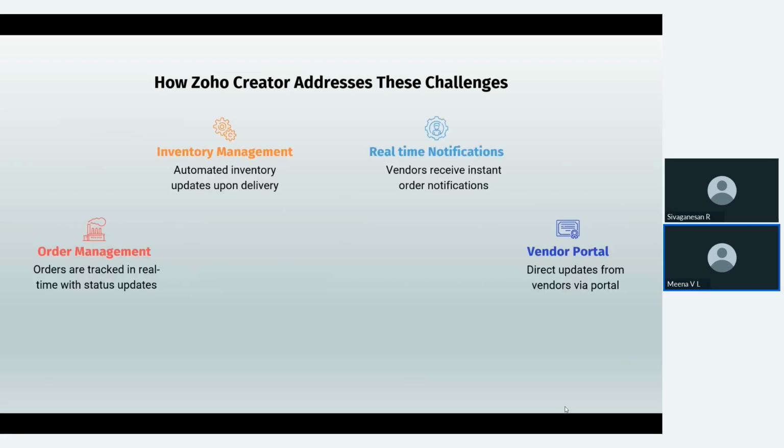So once after you place your order, we can track the status of the placed orders in real time using a feature in Zoho Creator called Portal. Portal is something where you can give access to all your vendors, so that the vendors can come into the portal and see what are all the purchase orders that you have issued to them, right?